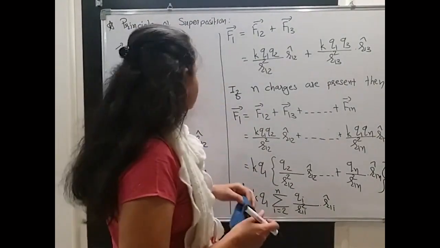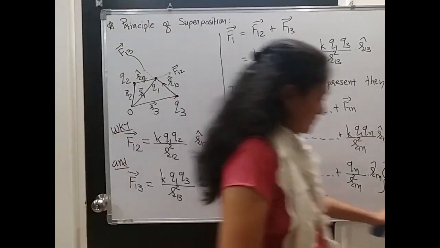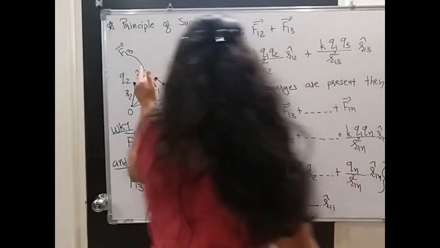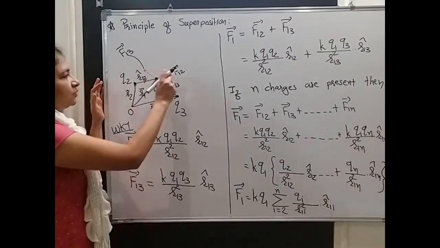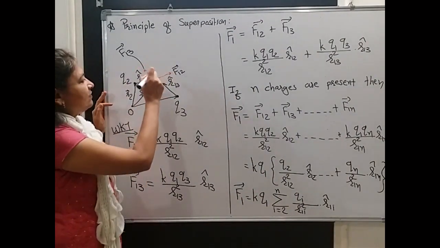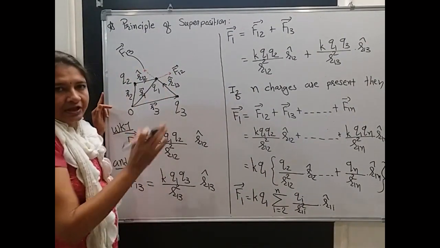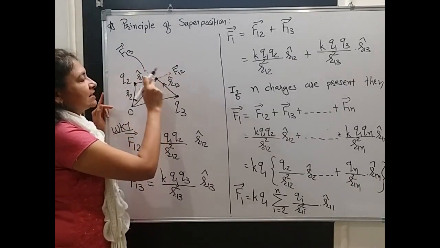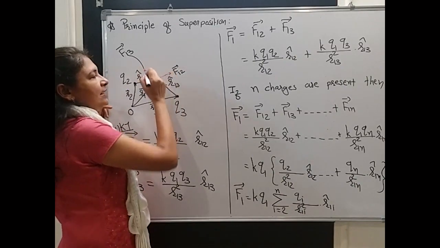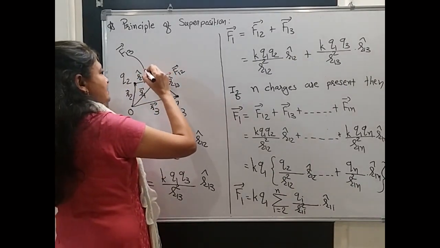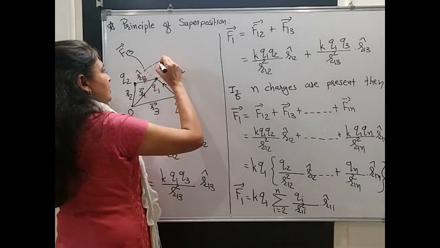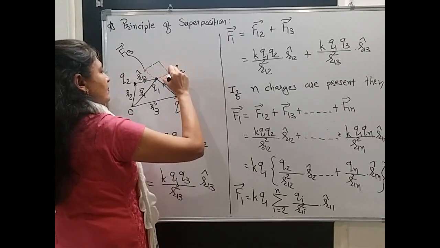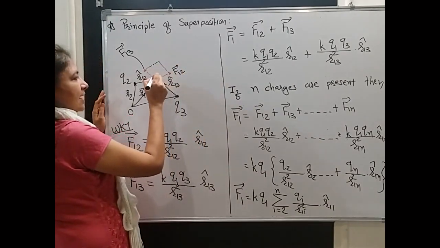Okay. Now just try to understand the original case. Here only two forces are acting and I want to find the net force. I can use the law of parallelogram. When two vectors are there, from a common point I have to draw two vectors, then complete the parallelogram and draw a diagonal.